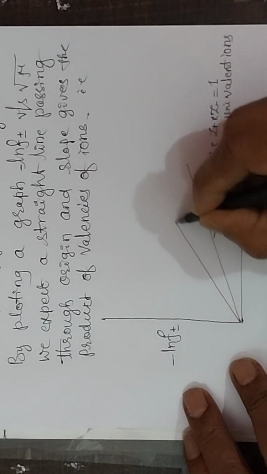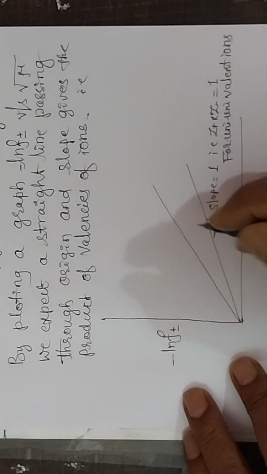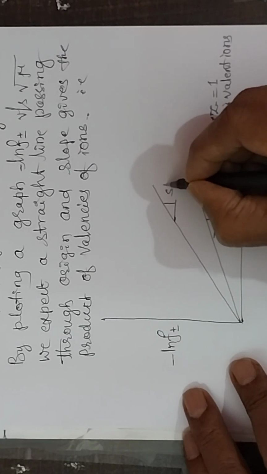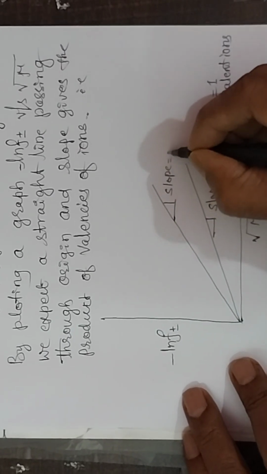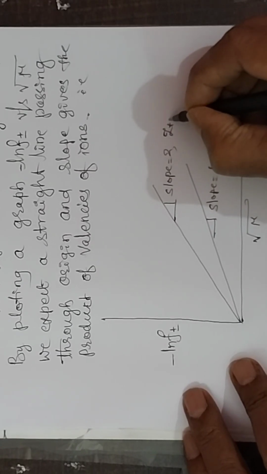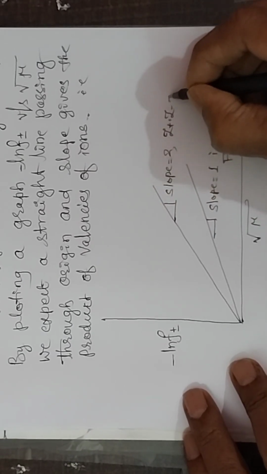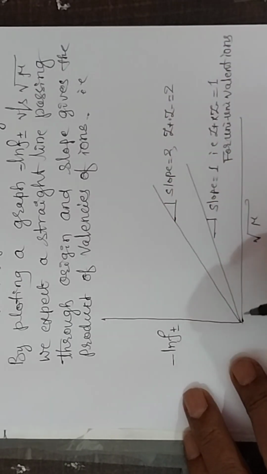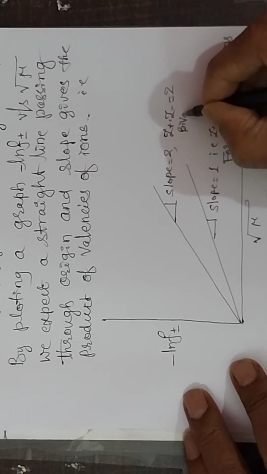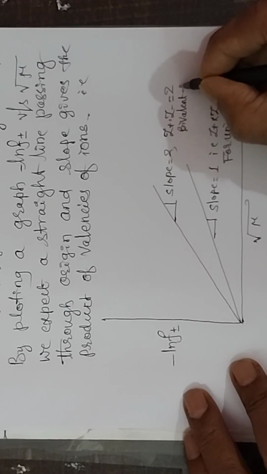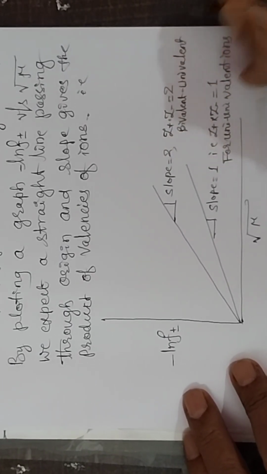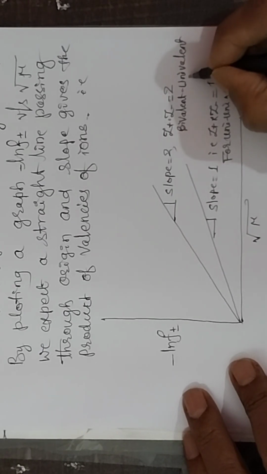Now you take another curve. Here slope equal to 2, then z plus into z minus is equal to 2, then bivalent, univalent ions.